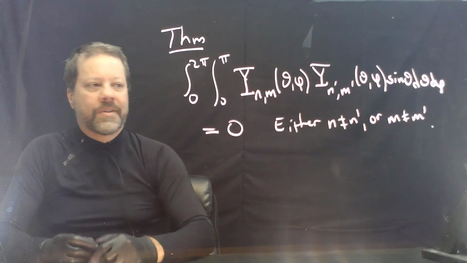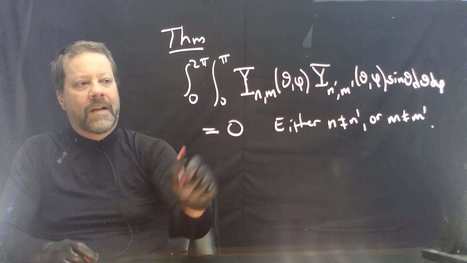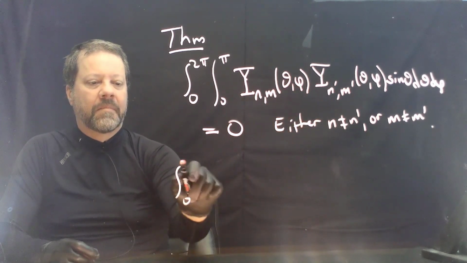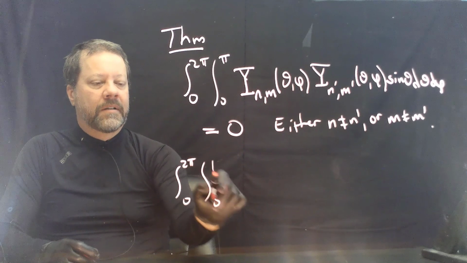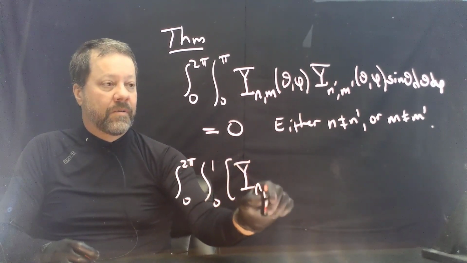As long as one of those is different, these are going to be orthogonal. What happens if you have these being the same? There's a purpose for normalizing.